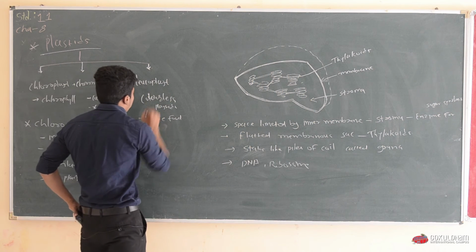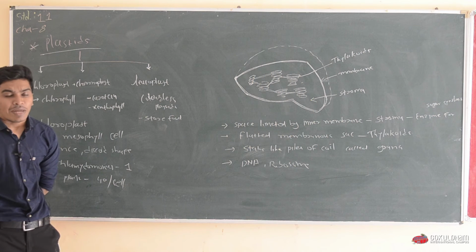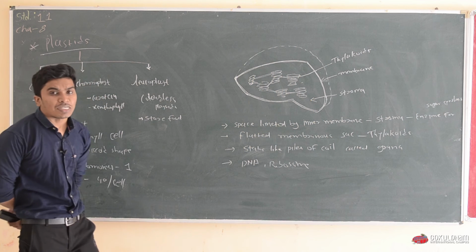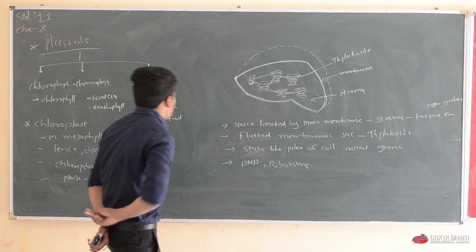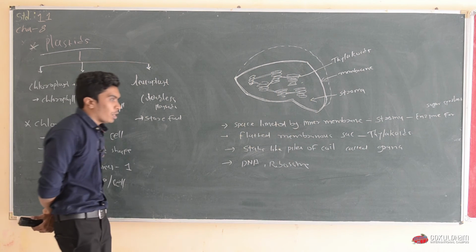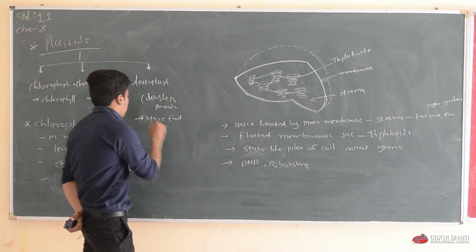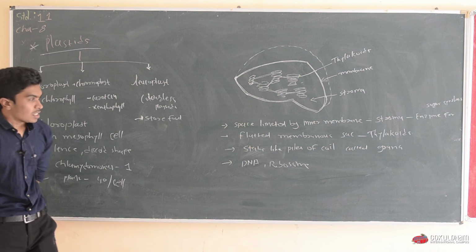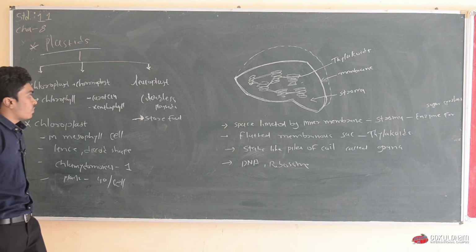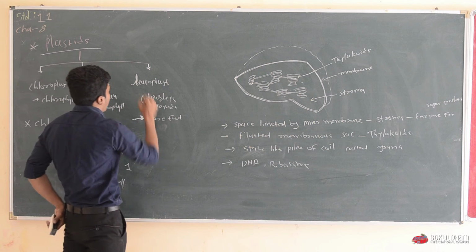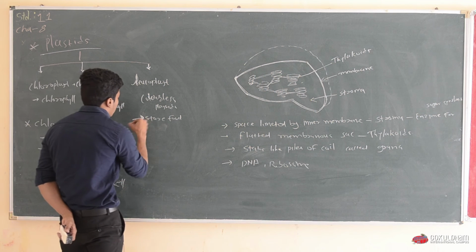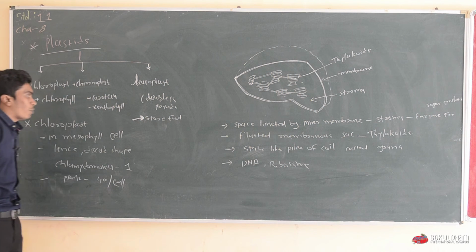The leucoplast is a colorless plastid present in a plant, and the function of this leucoplast is to store different kinds of food. For example, it stores carbohydrate in an amyloplast, and protein and lipids. So if a question comes in an exam asking which plastid is responsible for storing food in the cell, the answer is leucoplast.